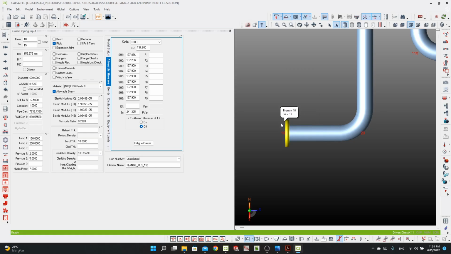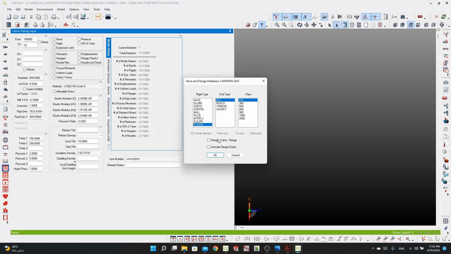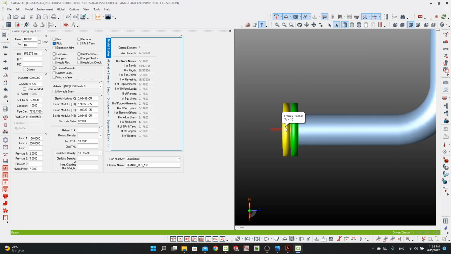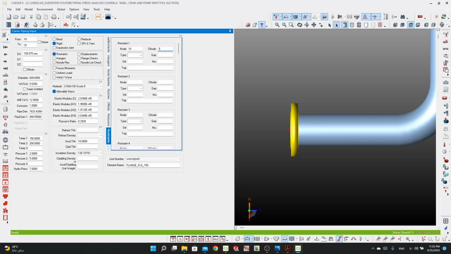You can either continue this by inserting a nozzle before and mention it as something like this, and put a flange. You can continue like that, or I prefer, which is not obligatory, to use a C node with anchor.